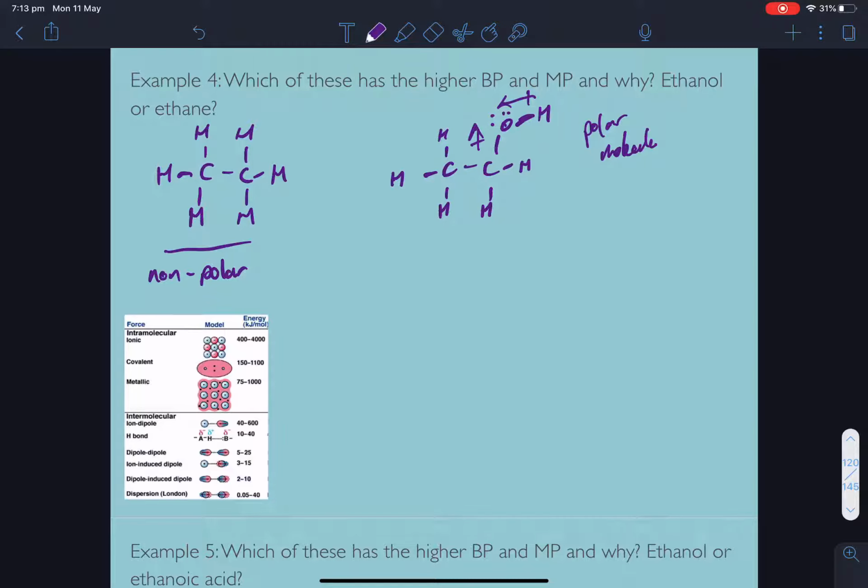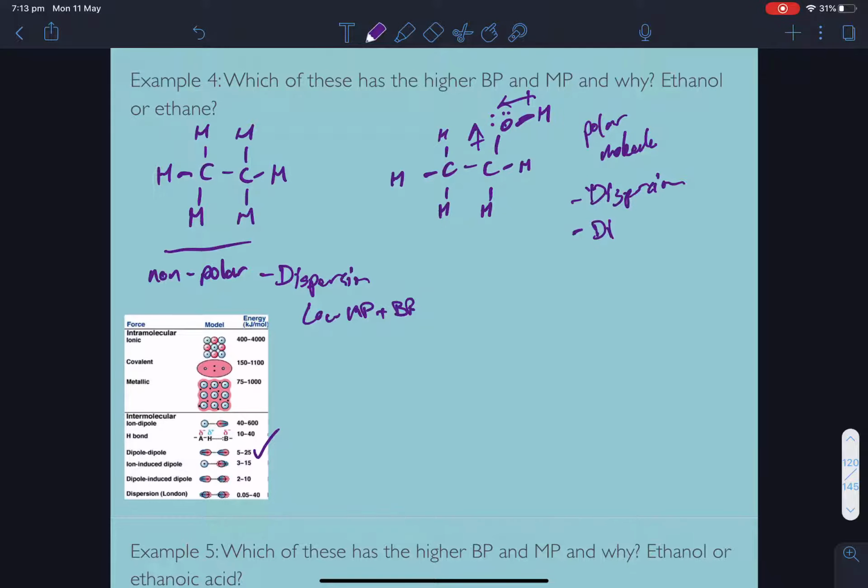Okay, so 2 non-polar molecules, ethane, are just going to have dispersion forces between them. It's going to have a low melting point and boiling point. Okay, we have 2 polar molecules between ethanol and ethanol. So we've got dipole, and it must have dispersion too, because there are electrons.